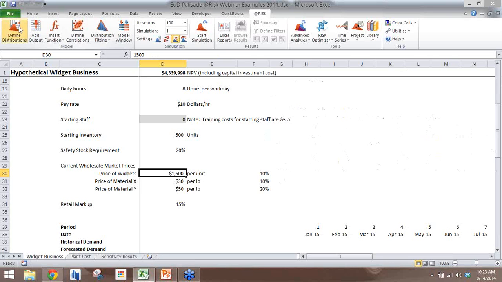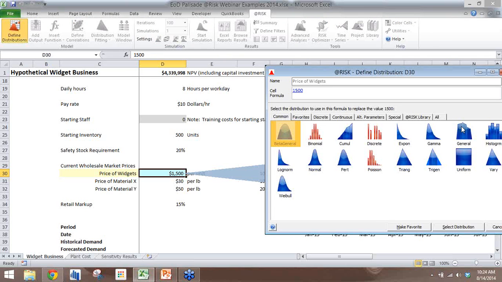Now in this case, since I'm working with a price parameter, I'm going to assume that the prices behave in a log normal fashion. And that's because prices can go no lower than 0, but they can, in theory, go to infinity. And again, this is just a choice based on my observation of the behavior of the inputs. But I'll click the log normal distribution.